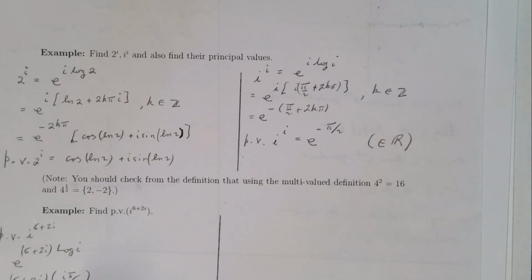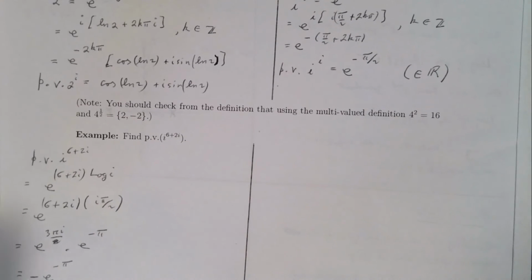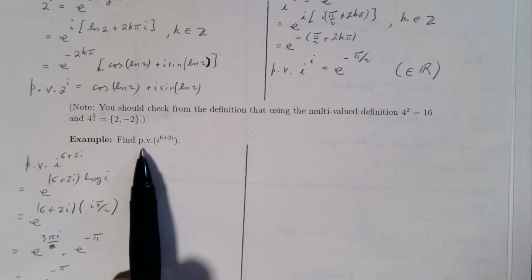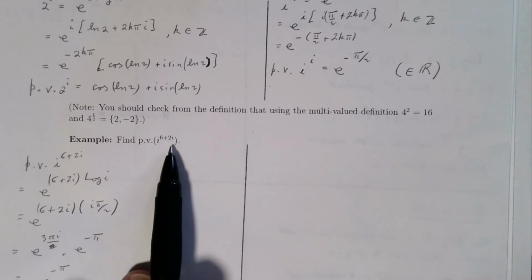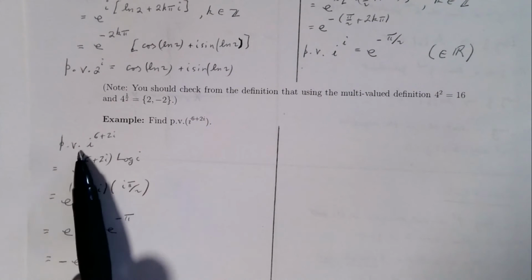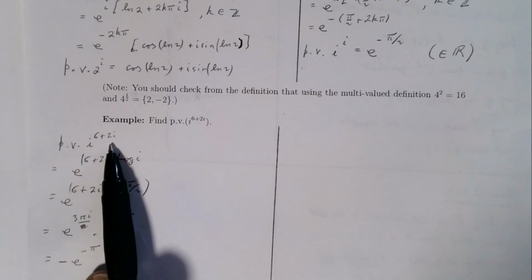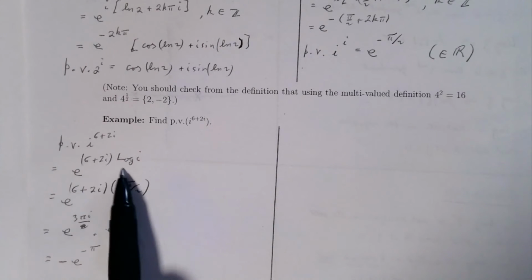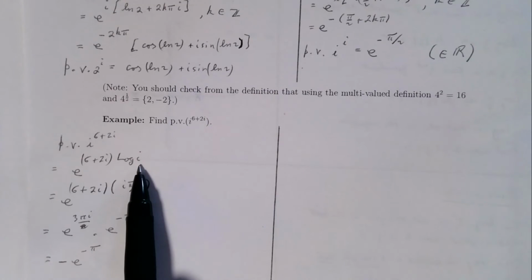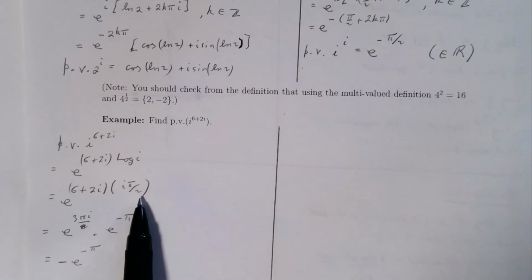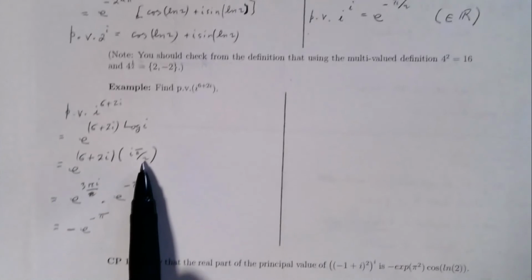So you might like to check that yourself from the definition. The little final example here: I'm going to find the principal value of i to the 6 plus 2i, just as an extra example. So again, you go back to the definition. This is going to be e to the (6 plus 2i) capital Log of i. Now the principal logarithm of i is i pi on 2, so we can just expand this out.